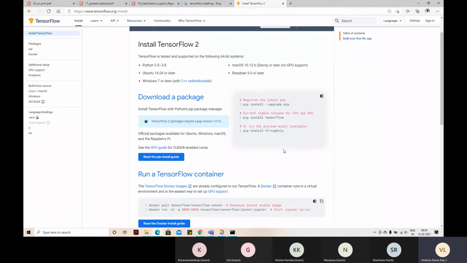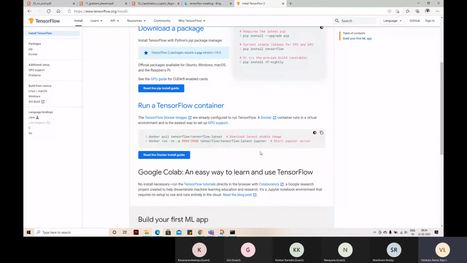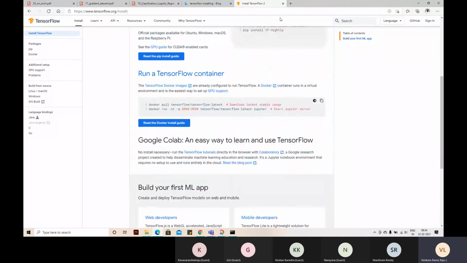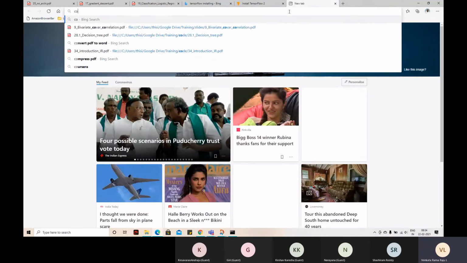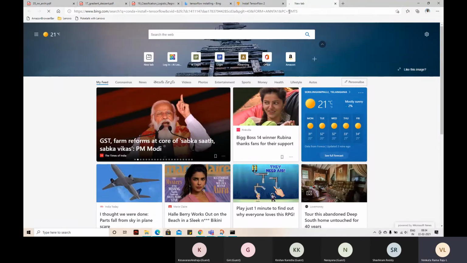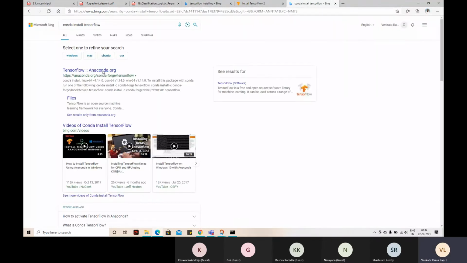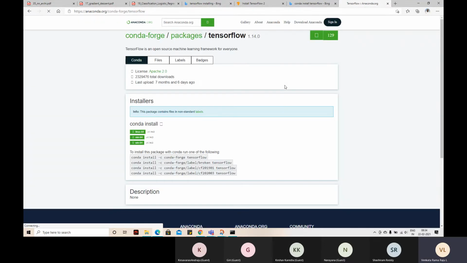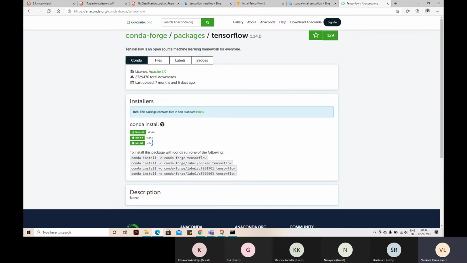But if you want to install TensorFlow GPU, you should do tensorflow hyphen gpu. Let me show you that. This one is installing the 1.14 version.